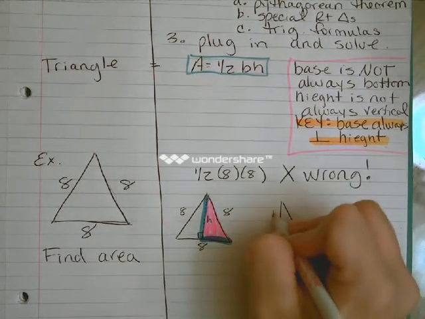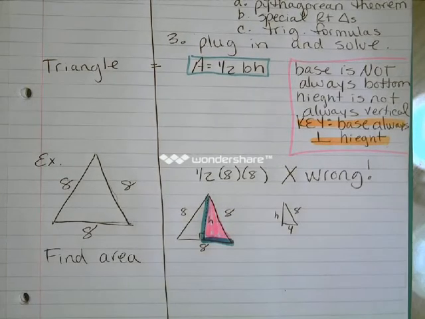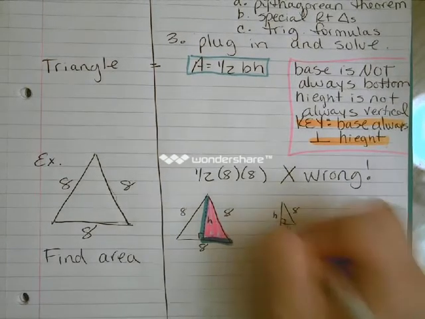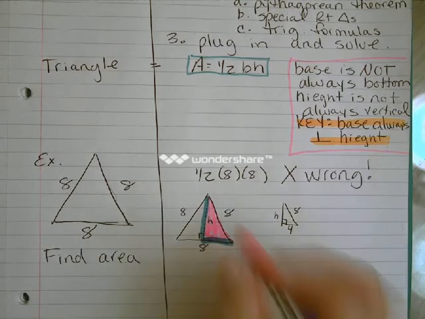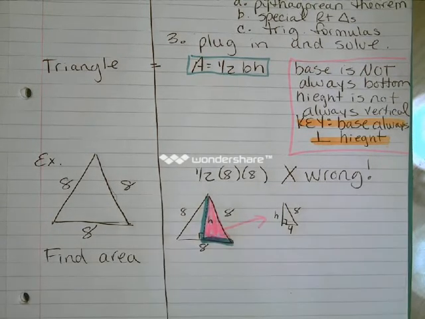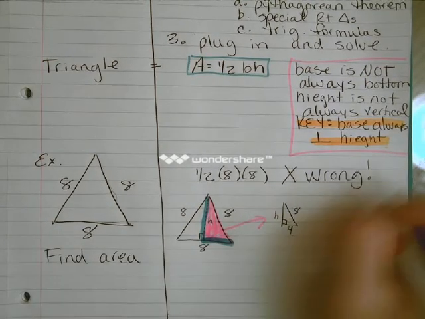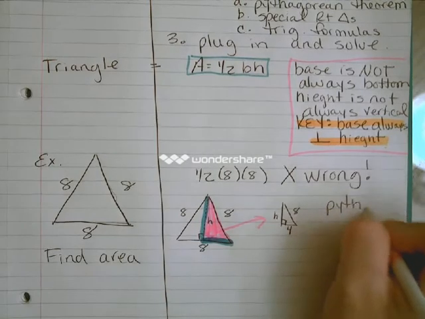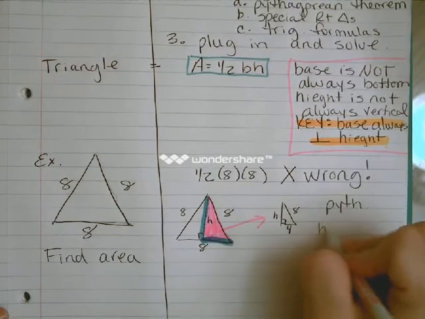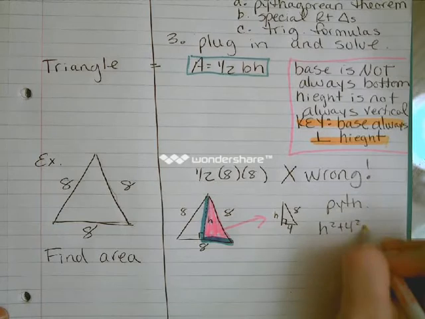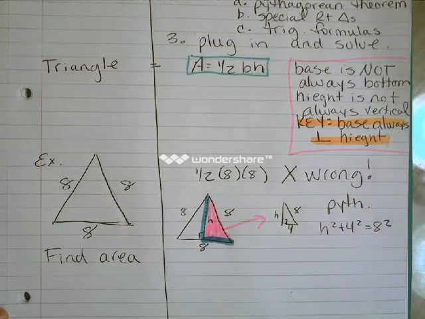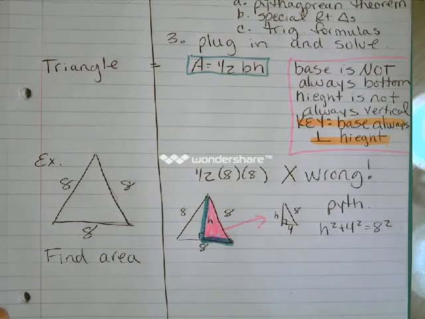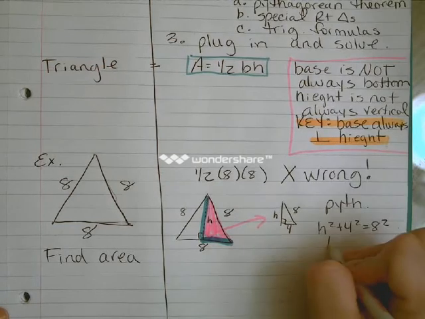So I'm just taking this pink triangle and separating it. We can use Pythagorean theorem. So this is h squared plus 4 squared equals 8 squared. And I'll let y'all solve that however you want to, either by hand or on the calculator. You should get 6.93.